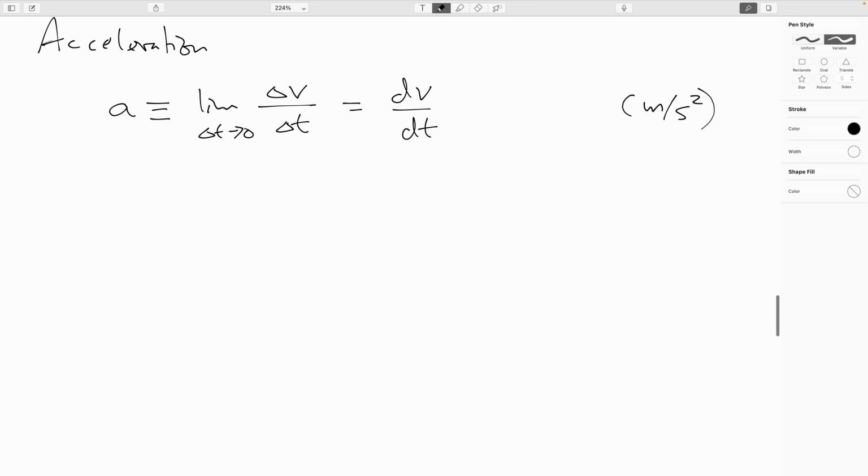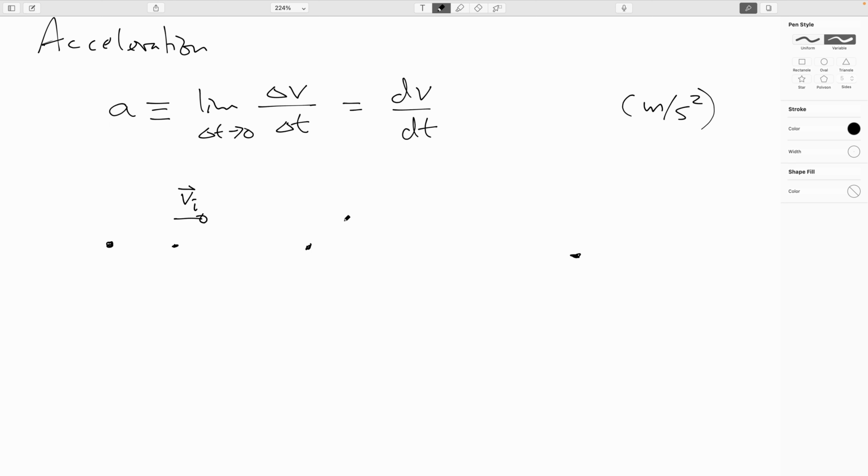All right, so can we try to get at least some sort of graphical intuition for this? Sure. Let's just say we start by having an object that is speeding up, moving to the right, like so. So I'm going to draw these little arrows here that indicate how fast it's going.